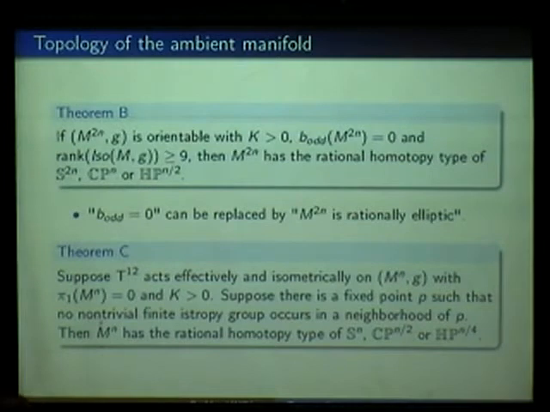That's another way of looking at it. It's a different assumption than in Grove-Searle. It's weaker in a way, and the conclusion is also weaker. But it says then the manifold has the rational homotopy type of a rank 1 symmetric space.